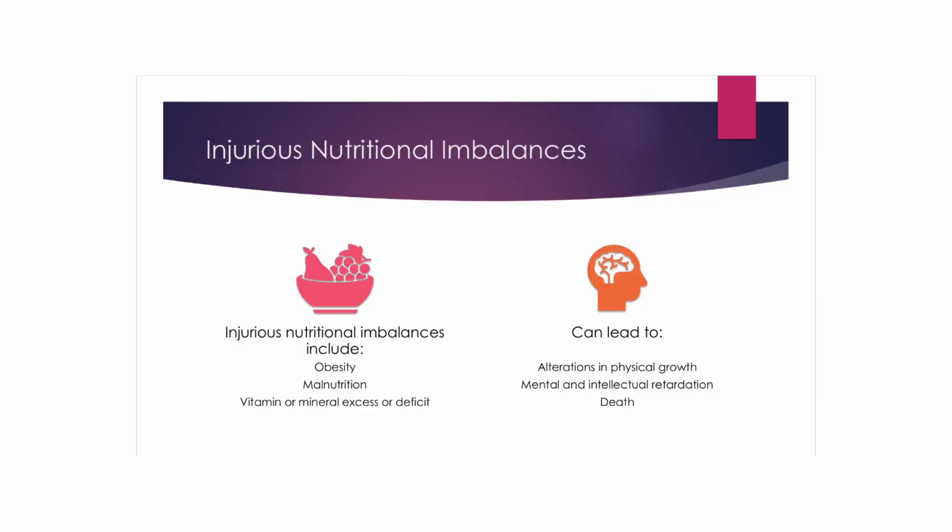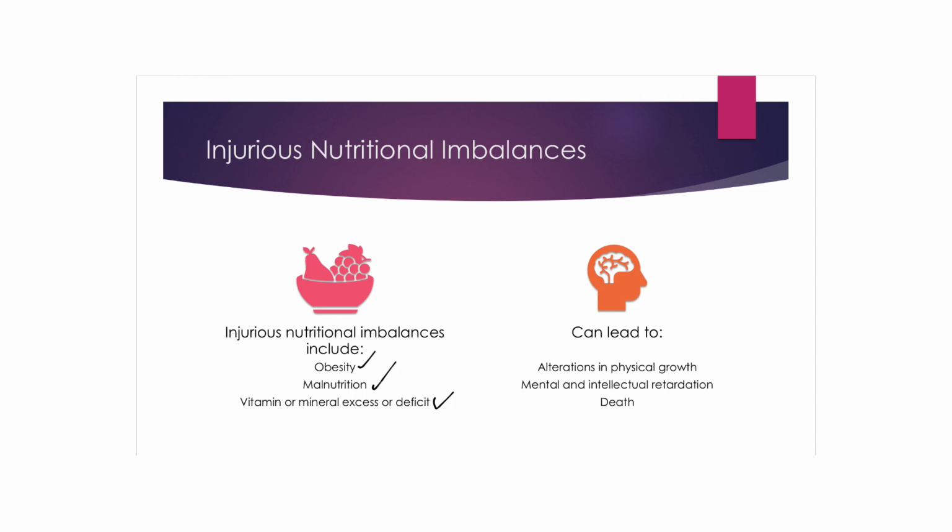Another type of cellular injury can occur from nutritional imbalance. So injurious nutritional imbalances include obesity, malnutrition, vitamin or mineral excess or deficit. So I know you're familiar with Wernicke's encephalopathy, which can cause brain damage from vitamin B1 deficiency, thiamine deficiency.